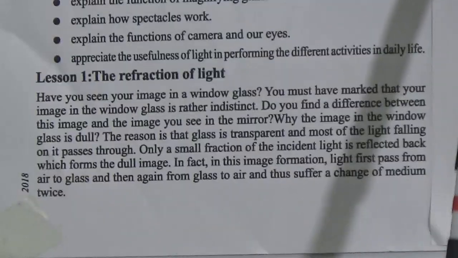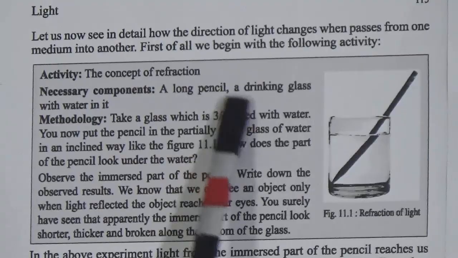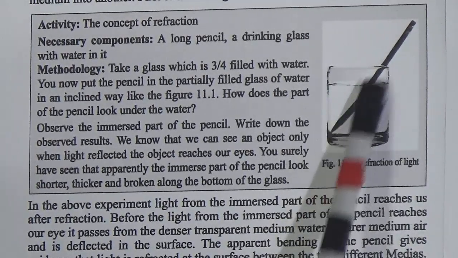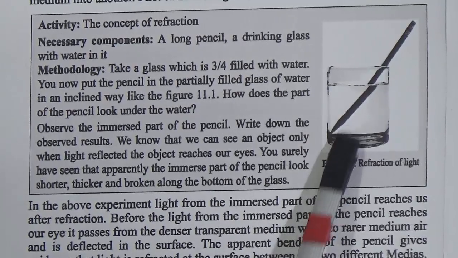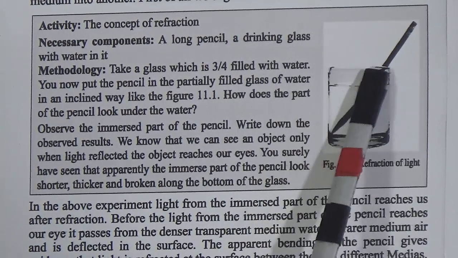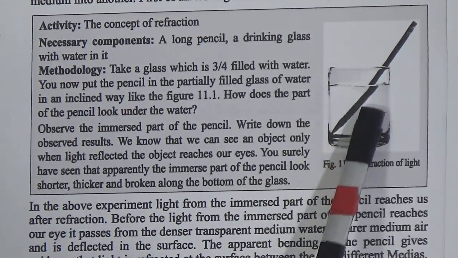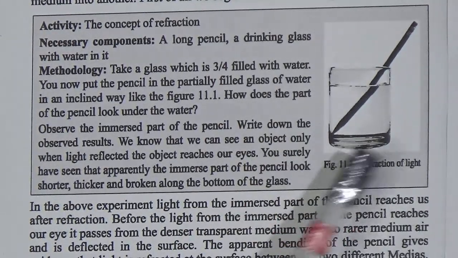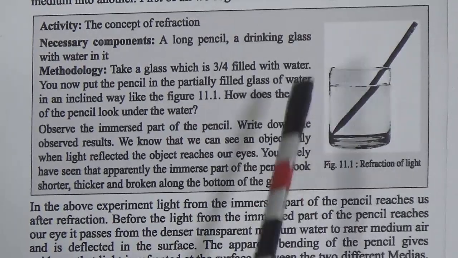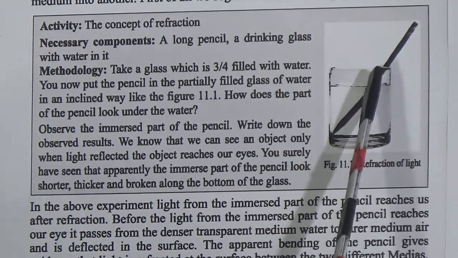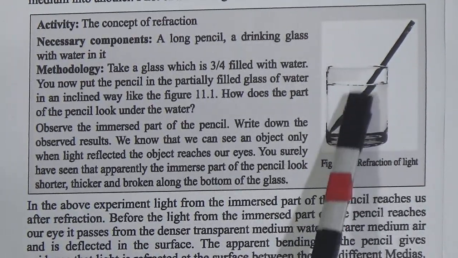Now come to the activity, the concept of refraction. This is a clear glass, and if we put a spoon or a pencil inside the water, the portion of the pencil at the water seems to us to be broken. That is because of refraction of light and the different media, because water is the denser medium, and the air above is the rarer medium than the water.